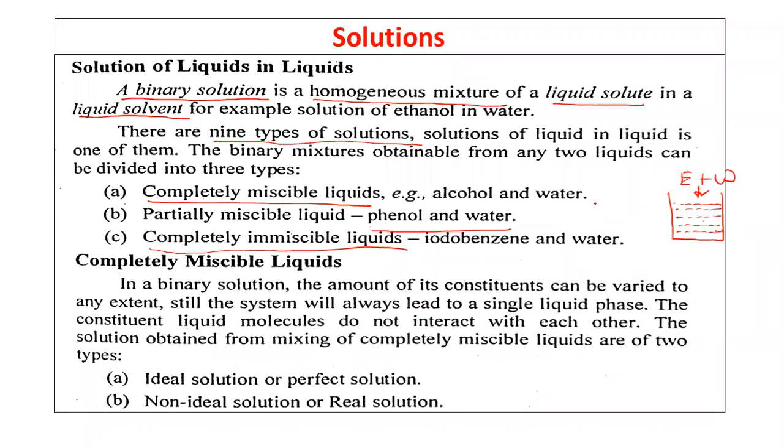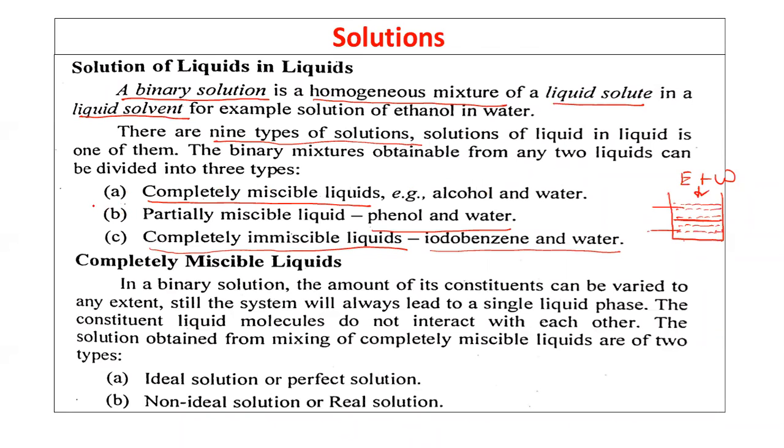Examples given here are iodobenzene and water, nitrobenzene and water. They are completely immiscible, meaning you can distinctly see the two layers. One layer belongs to iodobenzene and one layer belongs to water. The liquid with higher molecular weight will be at the lower level, and the liquid with lower molecular weight will be at the higher level.